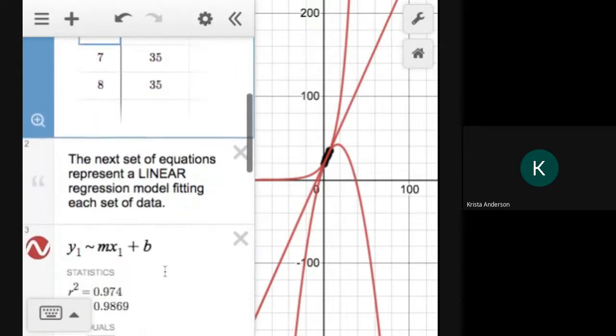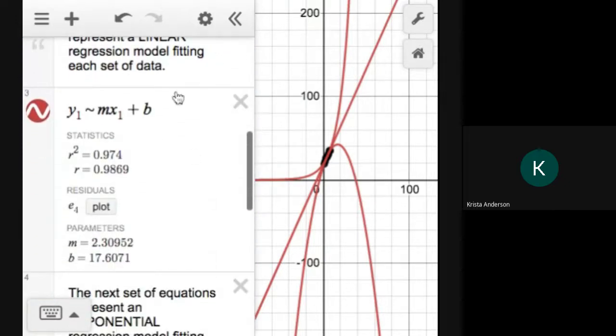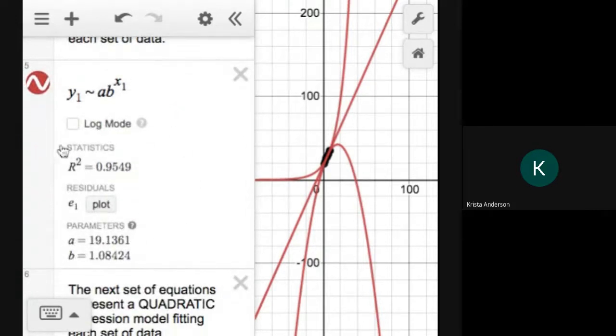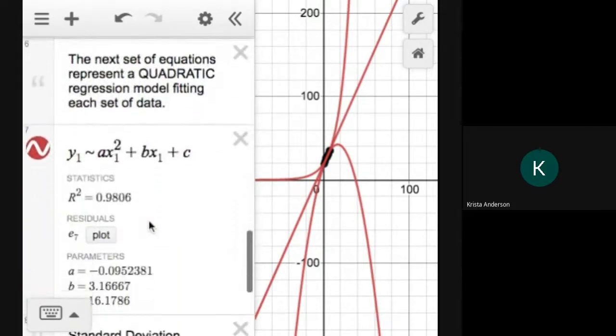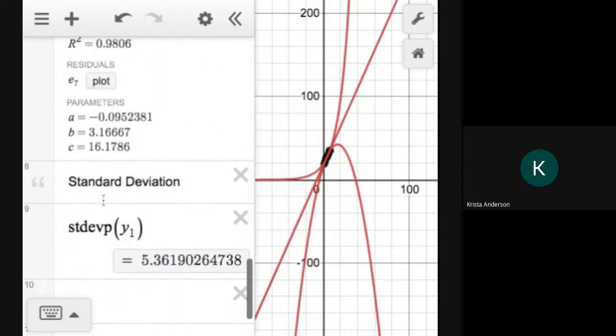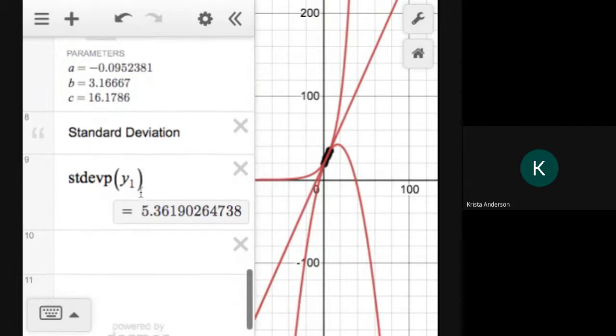As I scroll down, you have used the linear model before to build the line, which we'll do again tomorrow. This is an exponential. I don't need the exponential. This is a quadratic. I don't need it. What does this say? Standard deviation.